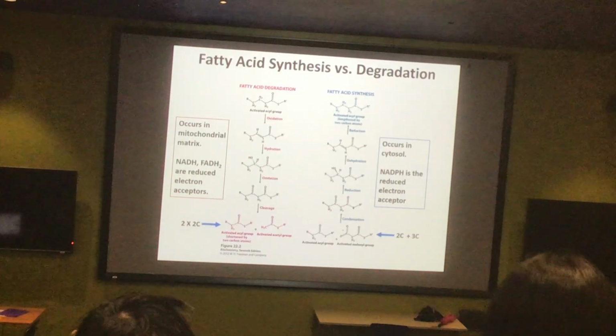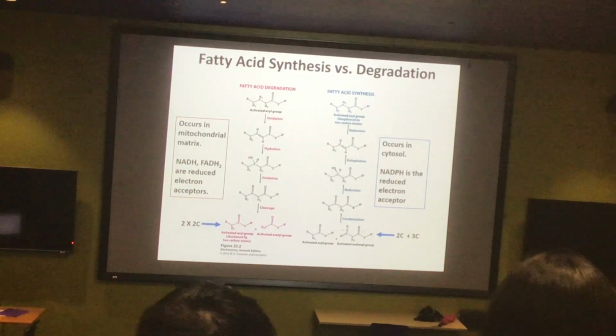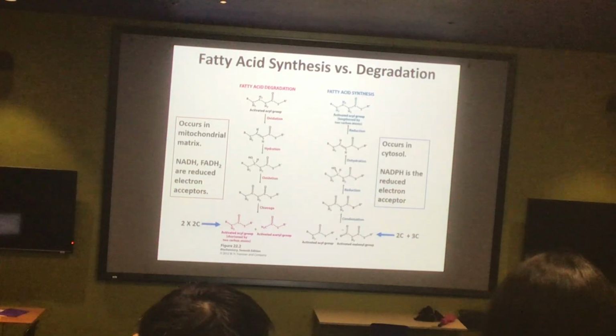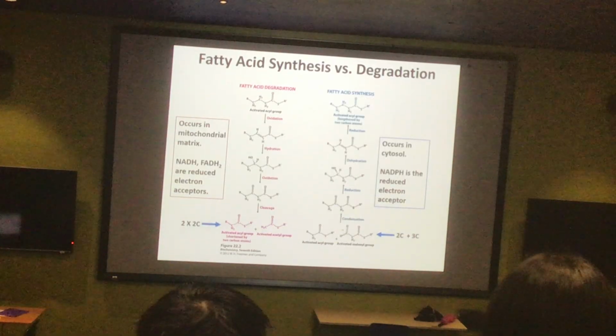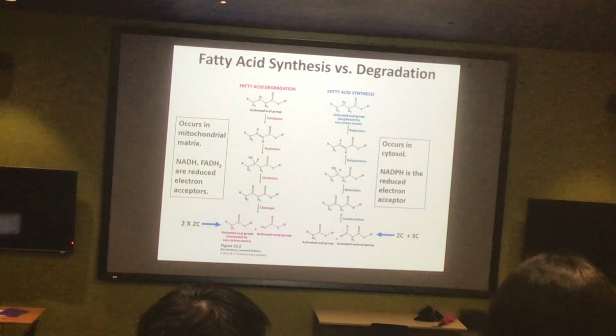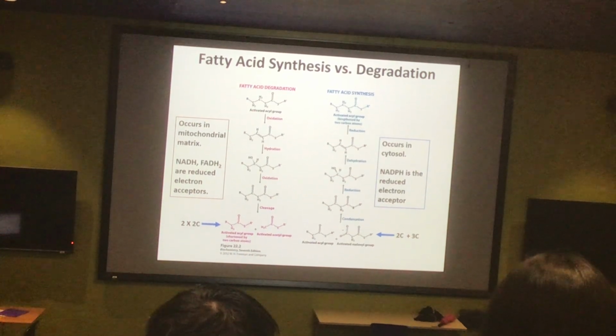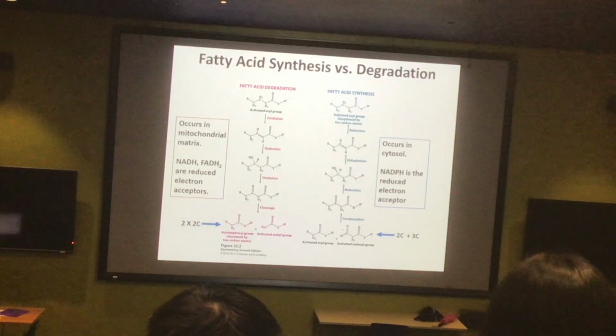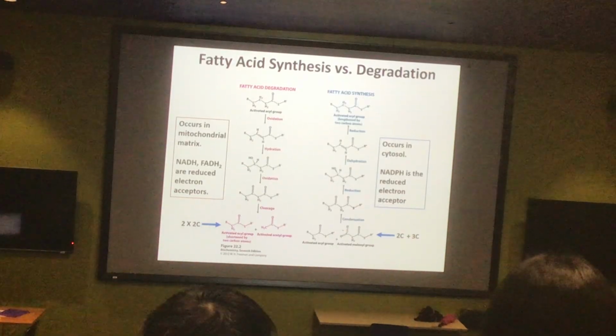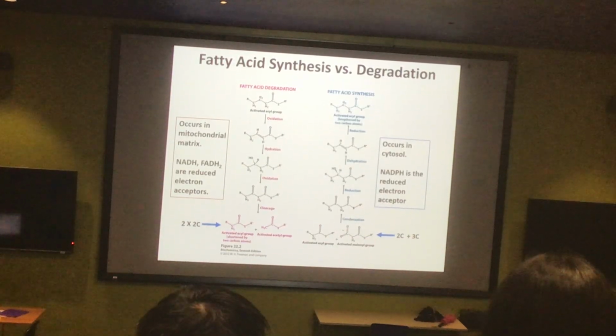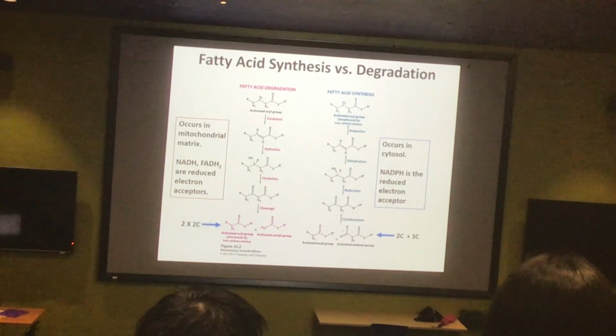Another key difference, of course: NADPH is going to be our reduced electron acceptor. When we break things down, we collect electrons in NADH, and also FADH2, of course. When we synthesize these, NADPH is usually our electron source. We've talked about why that is, so I won't repeat that. It turns out that the NADPH that we generated in the PPP, the pentose phosphate pathway, is not adequate for the job.